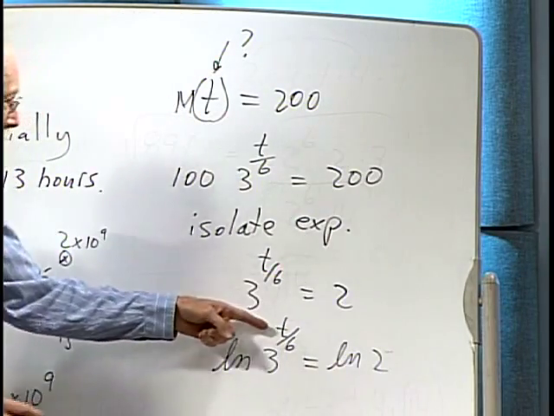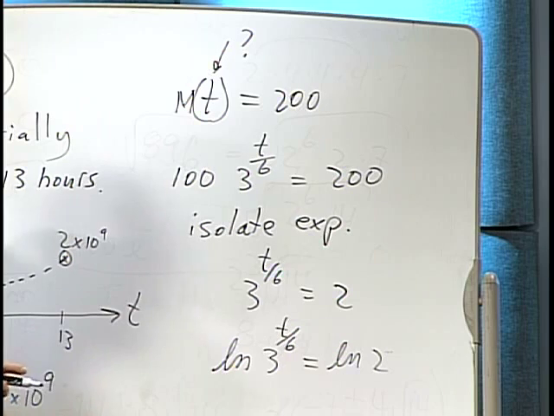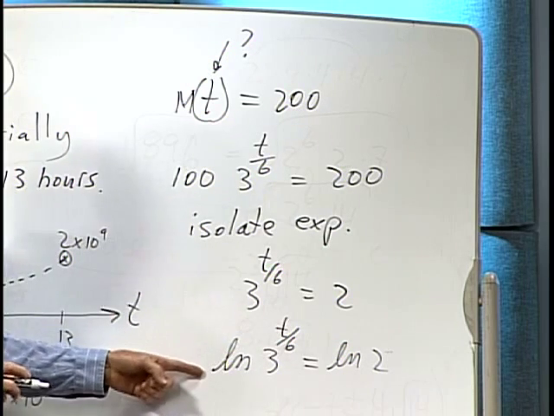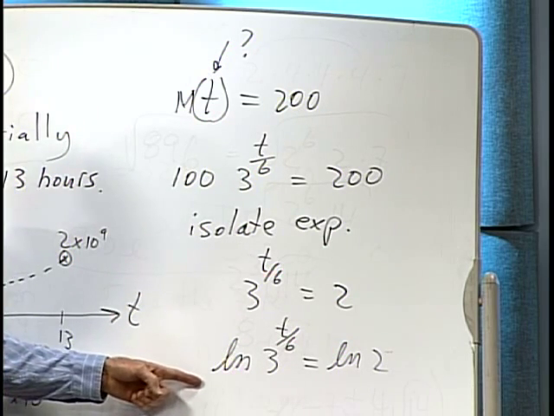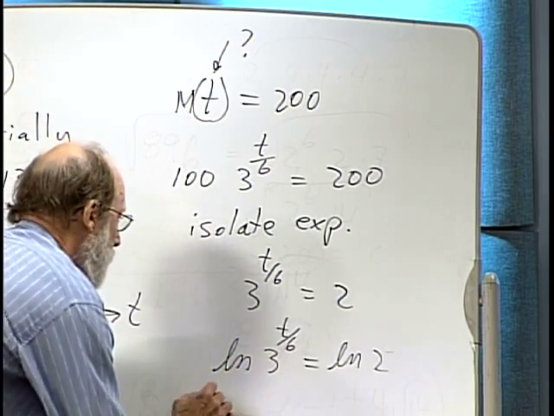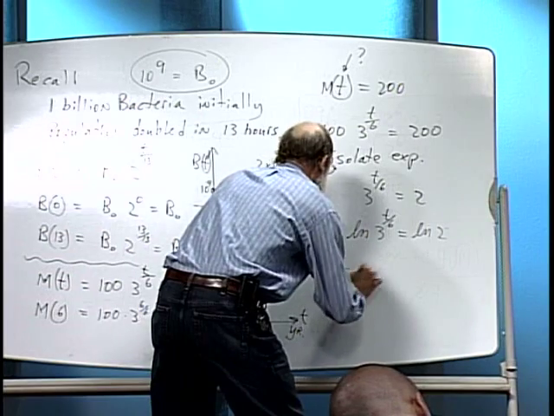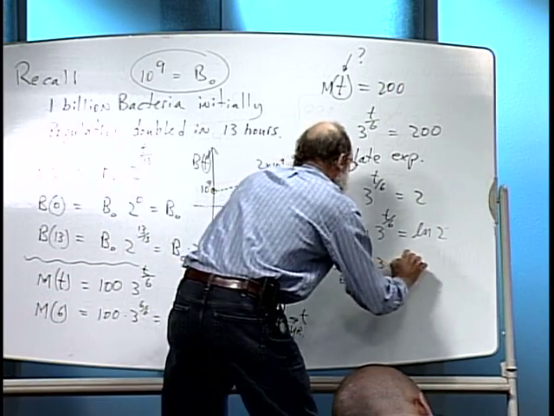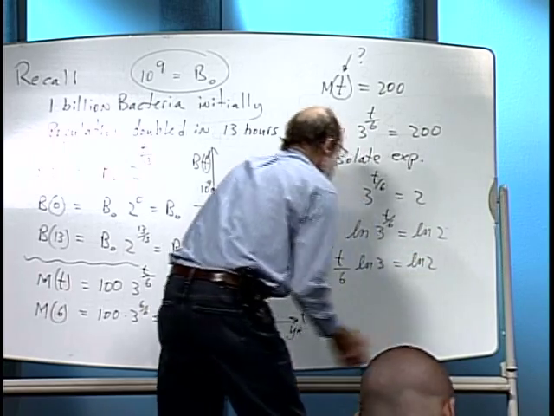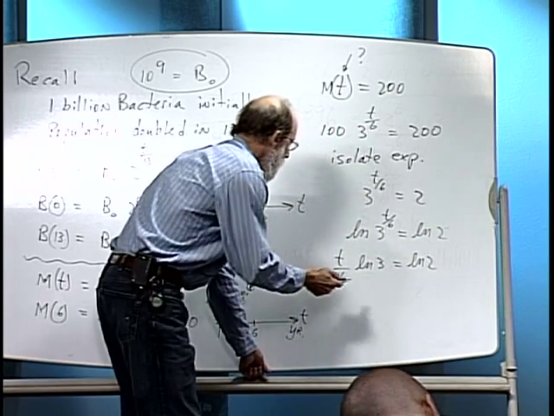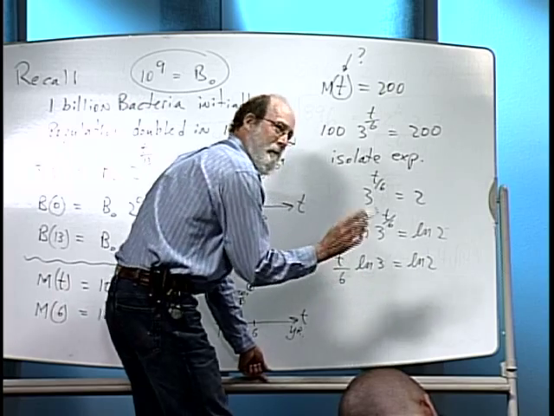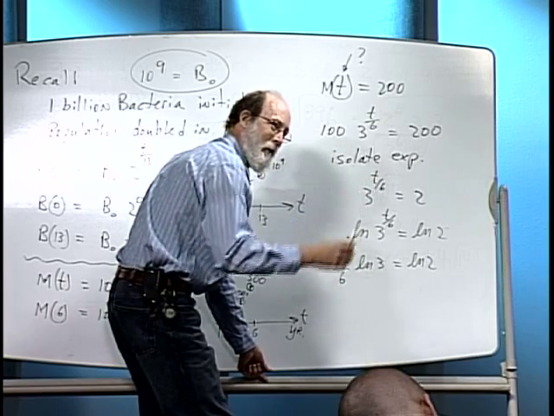And so then, Kyle, help me with the next step. You pull out the exponent. Pull out the exponent in front by the power rule. Remember that? The power rule. So t over 6 times the natural log of 3 is equal to the natural log of 2. We now would multiply, there's two ways you can do this.